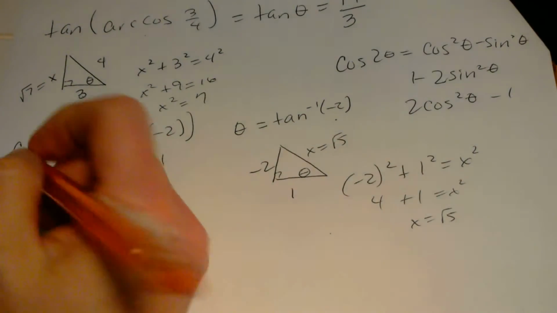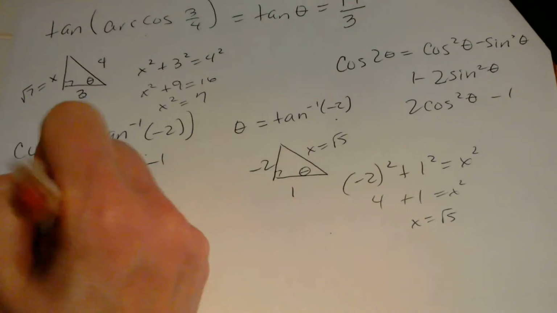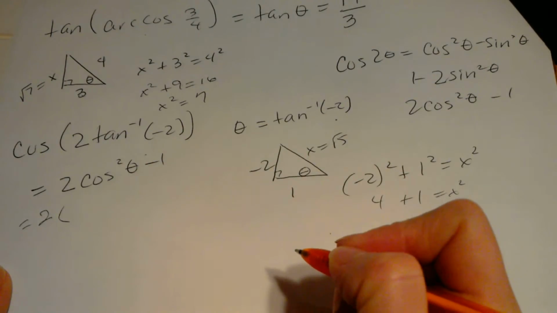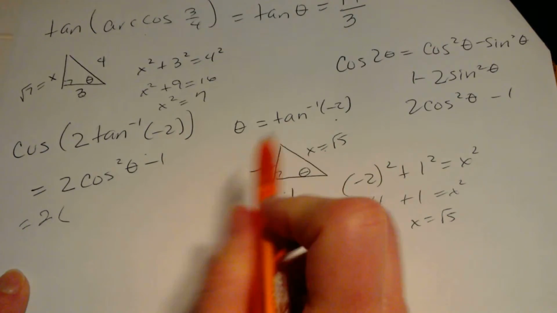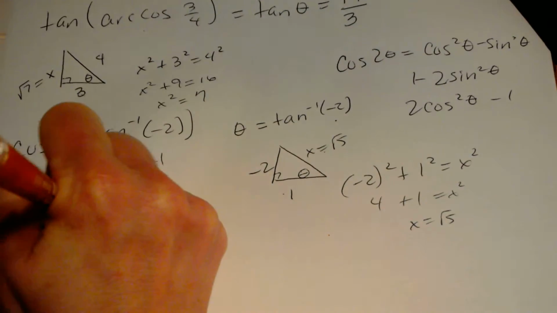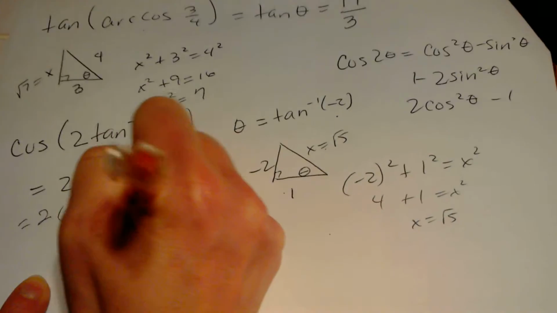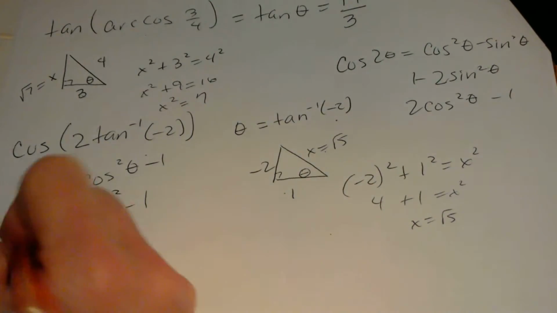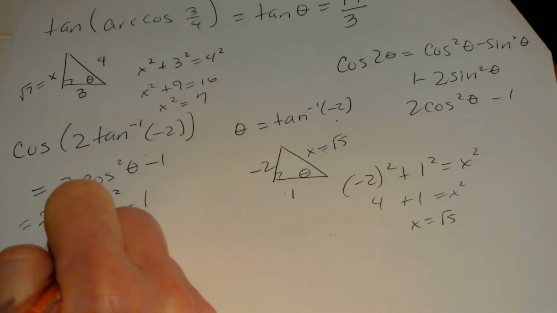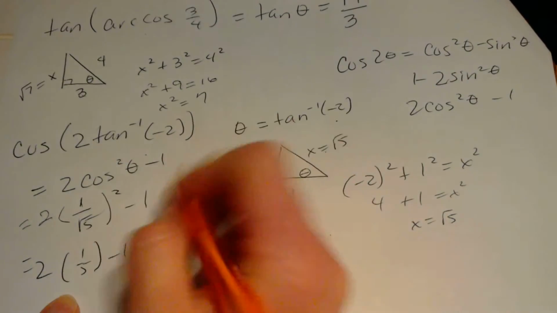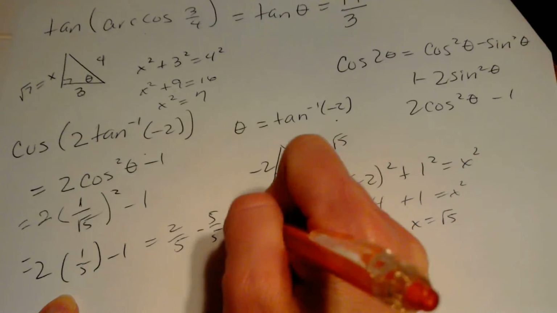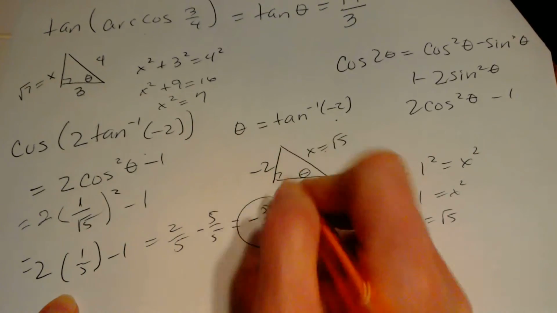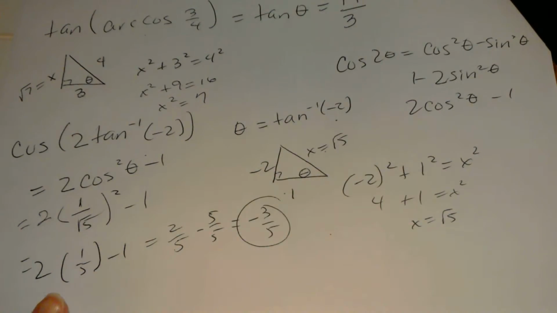So here we're going to say 2 times cosine, which is our adjacent over our hypotenuse, squared, minus 1. If I square that, I'm going to get 1/5 minus 1. So I've got 2/5 minus 5/5, that's going to give me -3/5 as my answer. Okay.